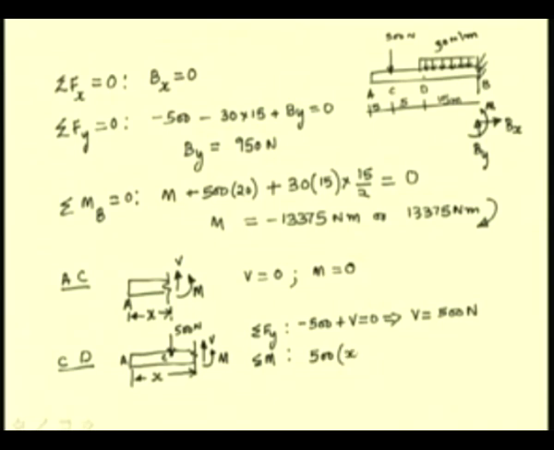So, we have x minus 5 and the moment M, which is also positive because it is counterclockwise, to be 0, and from this we get M as minus 500 times (x minus 5) Newton meter.